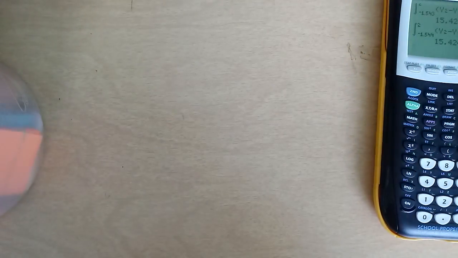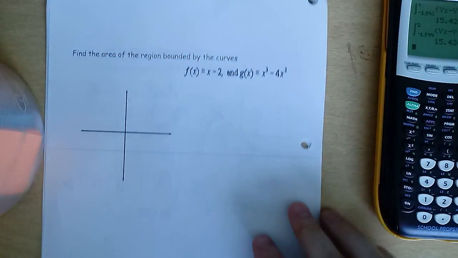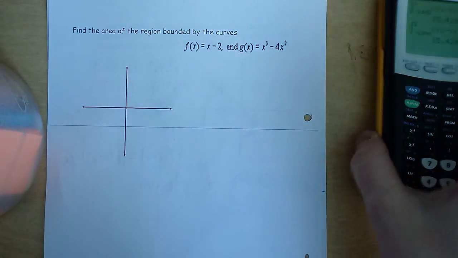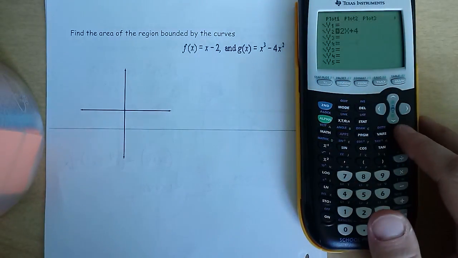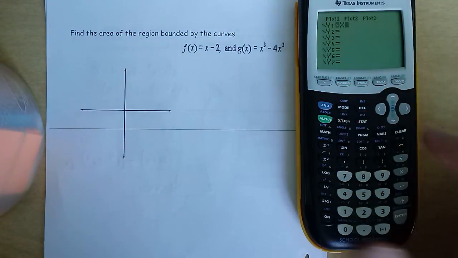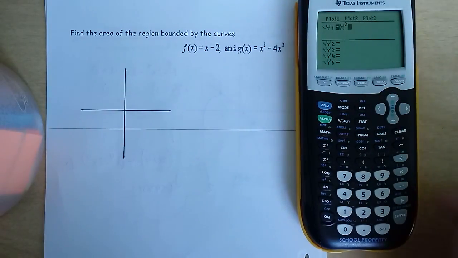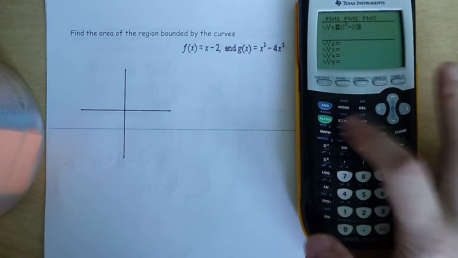All right, okay, we got 2 more. So this time, I don't know what that looks like off the top of my head, so I'm gonna just immediately resort to my calculator.